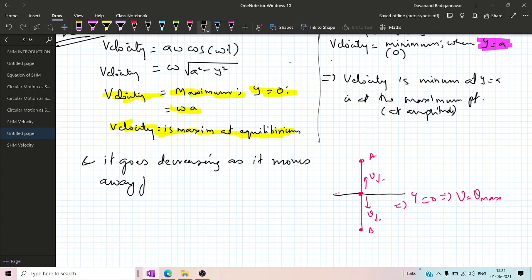Keep in mind, away means it may be in the upward direction or in the downward direction. As it moves away, the velocity is decreasing, and at the point of amplitude, at this point and at this point, the velocity is 0. Why? Because the value of y becomes equal to the amplitude at that point, so the velocity becomes 0.